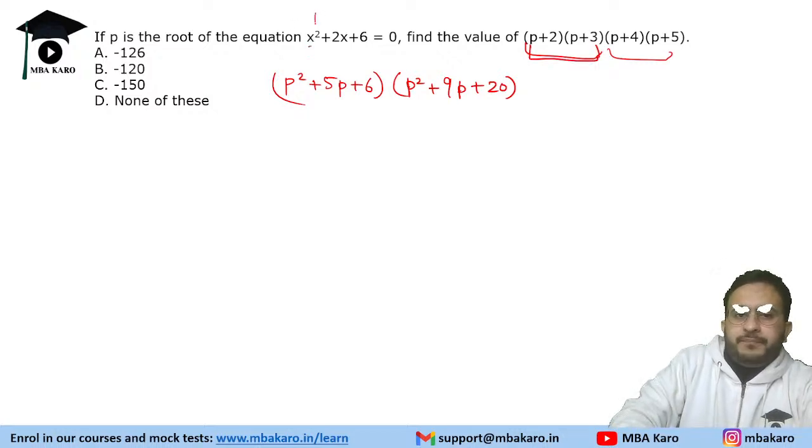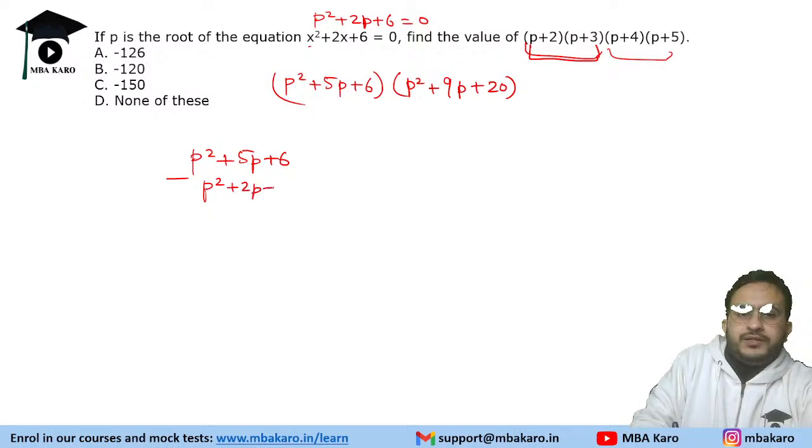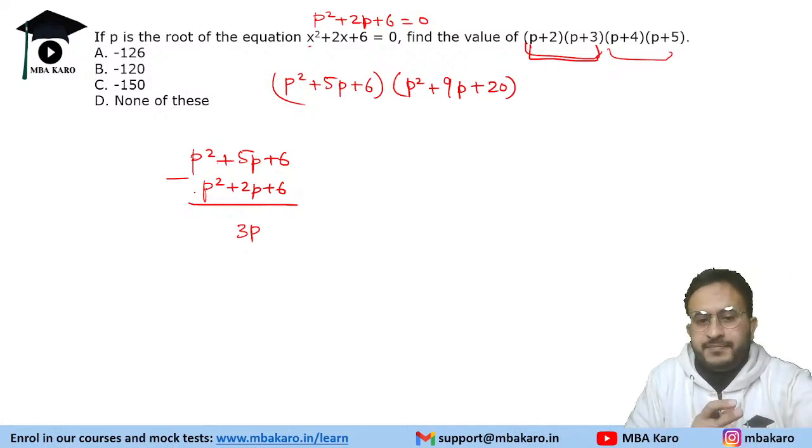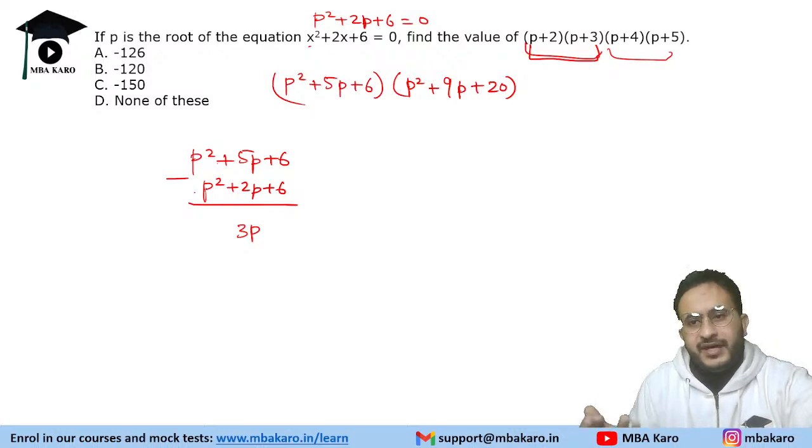Now we know that p square plus 2p plus 6 equals 0. So subtract from this part: p square plus 5p plus 6 minus p square plus 2p plus 6. If you subtract this, what do we get? 3p, because this part is 0. If you are subtracting 0 from something, the value remains the same.